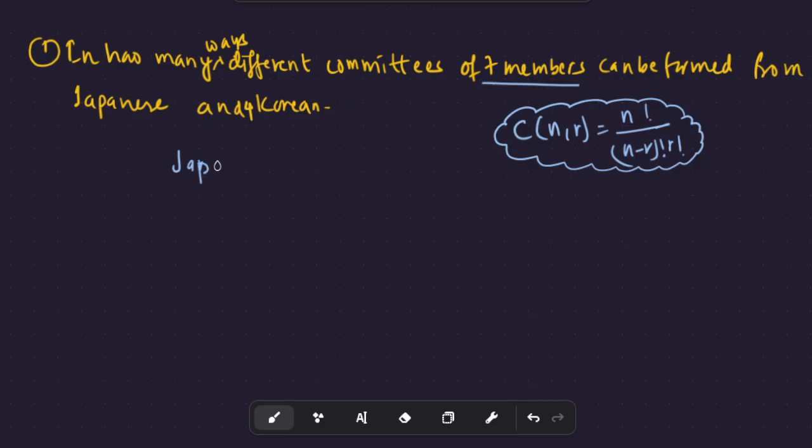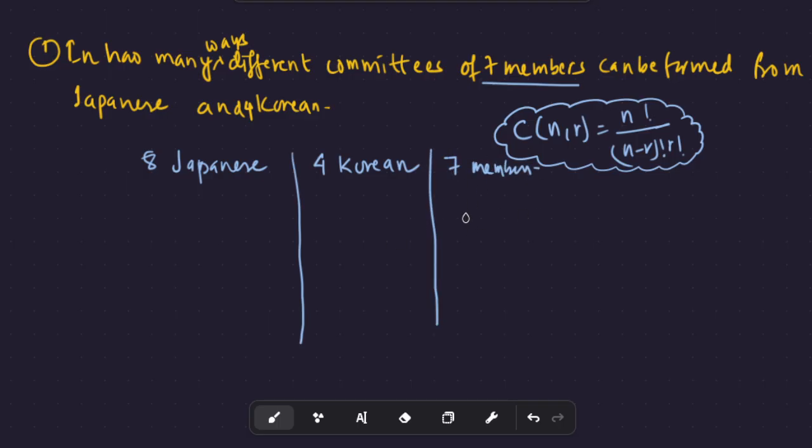We have how many Japanese? We have 8 Japanese, right? Similarly, we have 4 Korean. In total, we have to make 7 members. Now, there are various options for the formation of this committee.